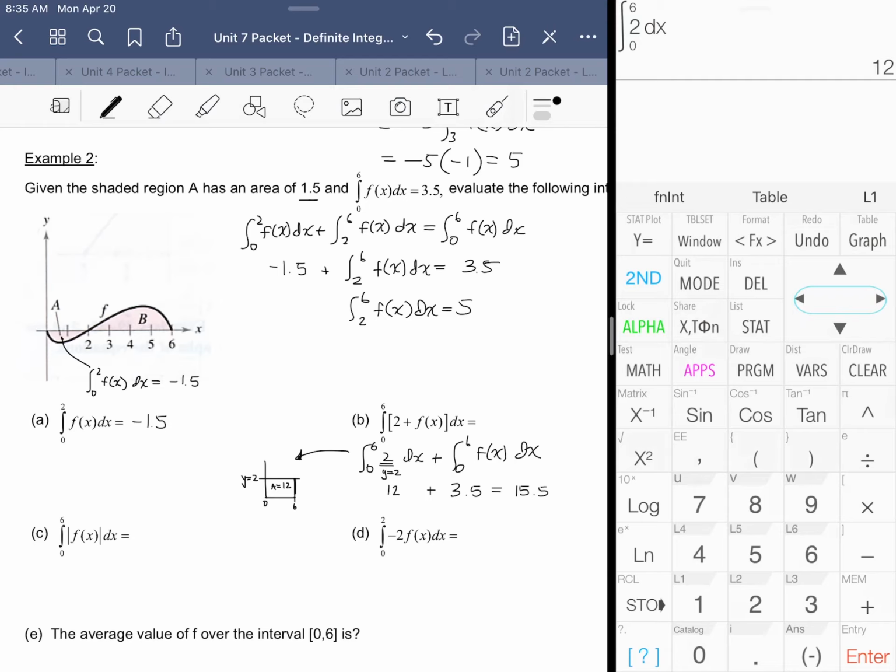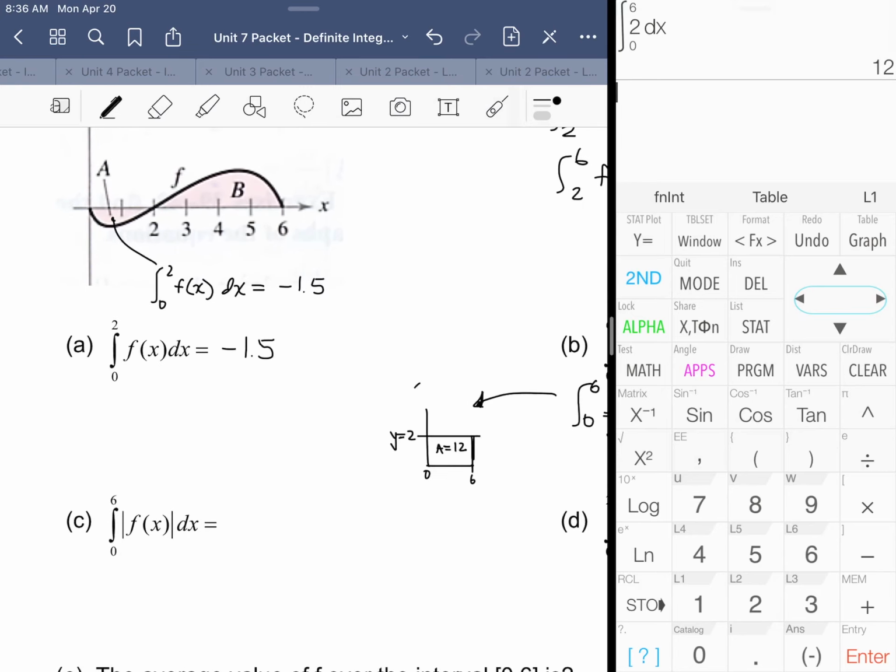So the cooler way to solve this problem, the integral on the interval of 0 to 6 of 2 dx. Send me a message. Let me know what you think the cooler way is. If your cooler way is the same as my cooler way, then you get a bonus point. And I'll leave it at that for now.